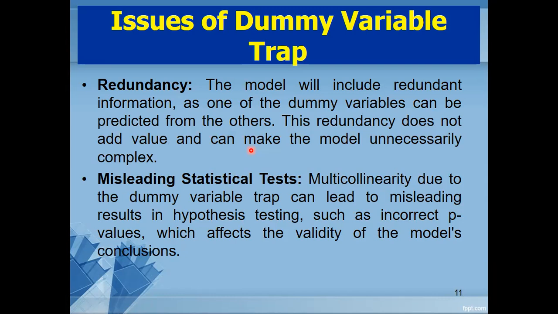At the end, your statistical tests, maybe the t-test, the F-test or the R-squared values, will be misleading. So this point is very important. We should always try to escape from this dummy variable trap.